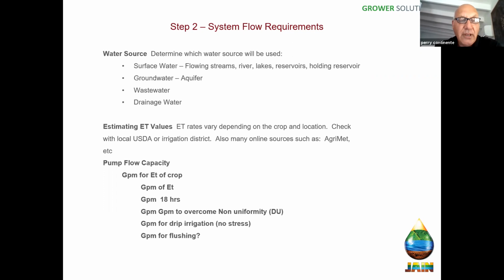And the other thing is that drip systems tend to have less stress. So if you have less stress, you have more water that goes to the plant. So according to Cal Poly, how much more water? If you have a situation of no stress where you're irrigating a little bit every day or every other day, approximately 10 to 15% more water is going to go through that crop, through that plant.